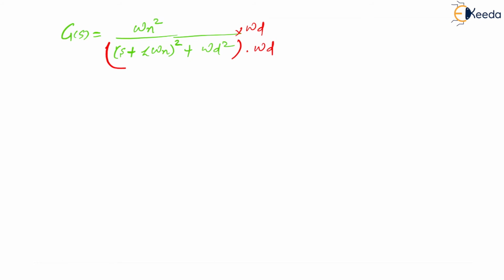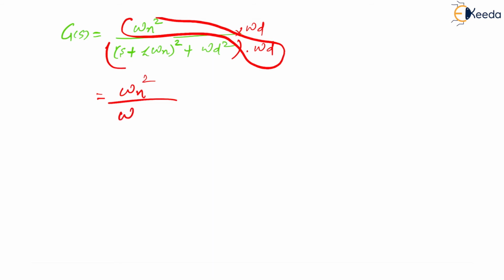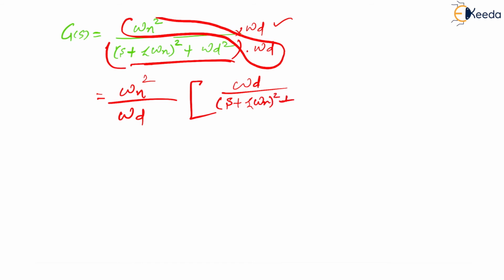Let me just take this omega n squared and this omega d outside. So omega n squared upon omega d outside, and inside let me have omega d upon this whole term. So it is going to be s plus zeta omega n the whole squared plus omega d squared. Is that correct?